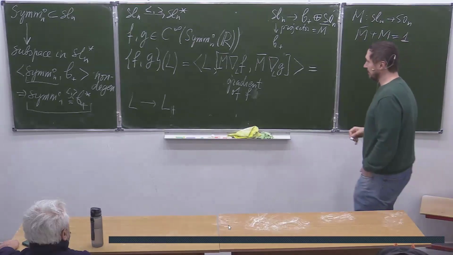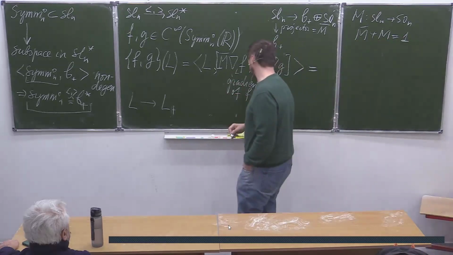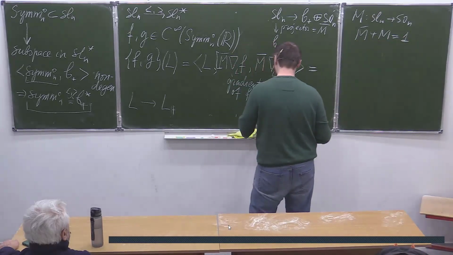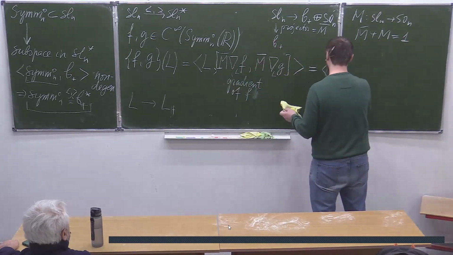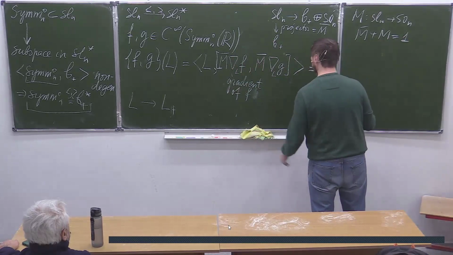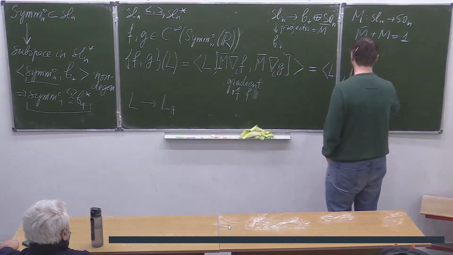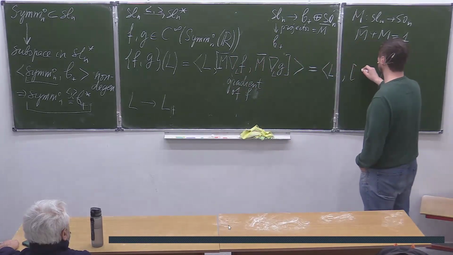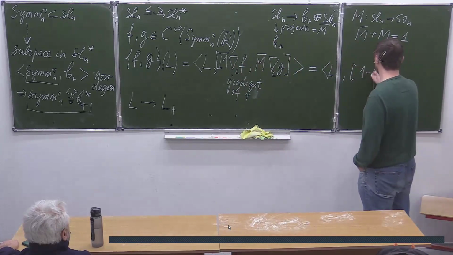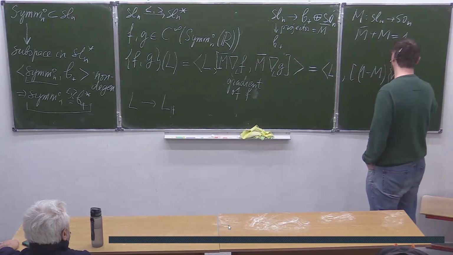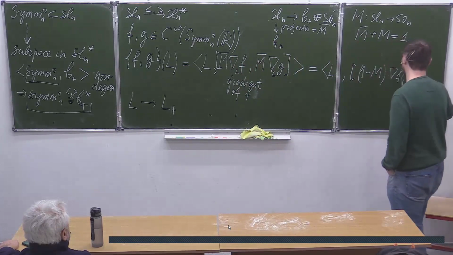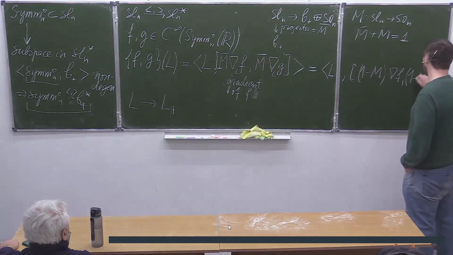So let us change this a little bit. What is it equal to? It is equal to L, commutator of 1 minus M of nabla F, 1 minus M nabla G, right?